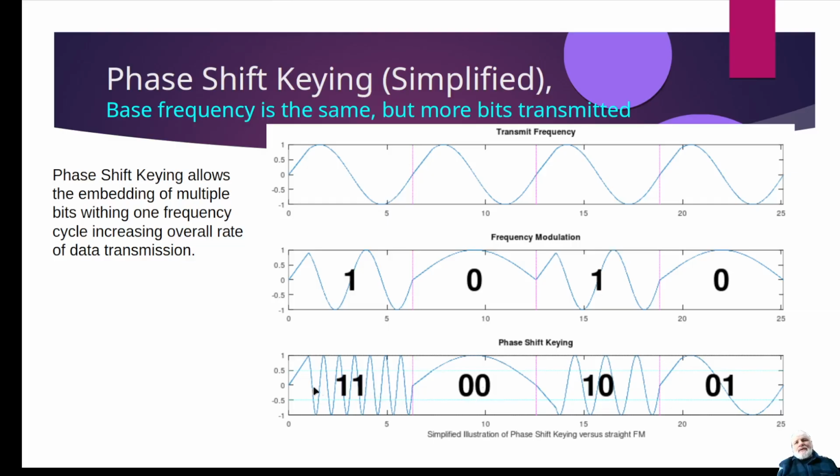And so in the same amount of time, I'm able to send different values. Okay, so I'm able to send twice as many bits as I was with just base frequency modulation. So phase shift keying is frequency modulation taken to a higher extreme.